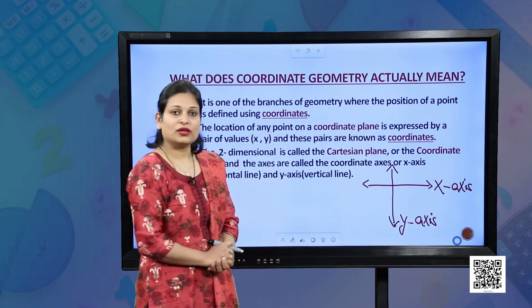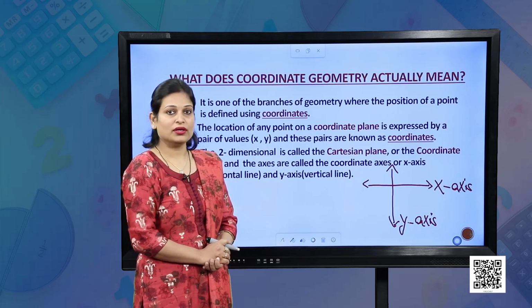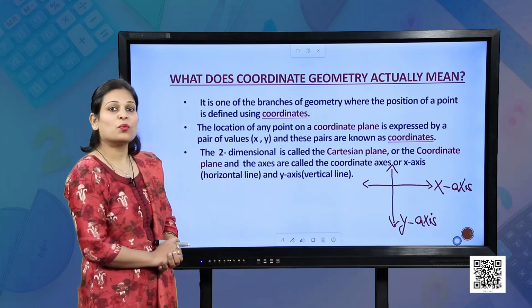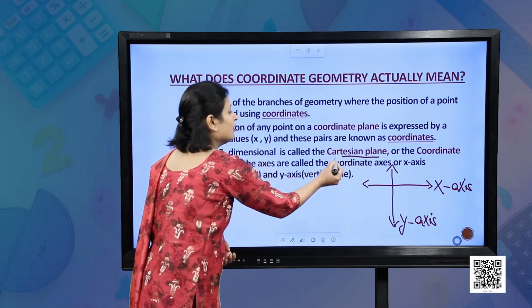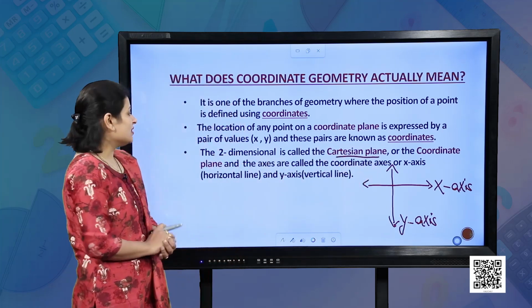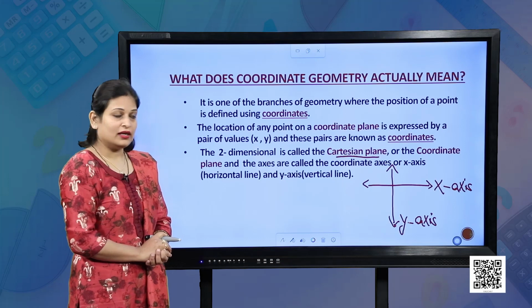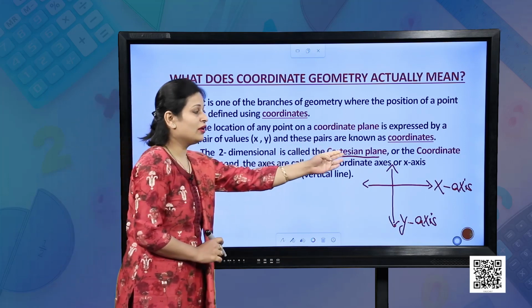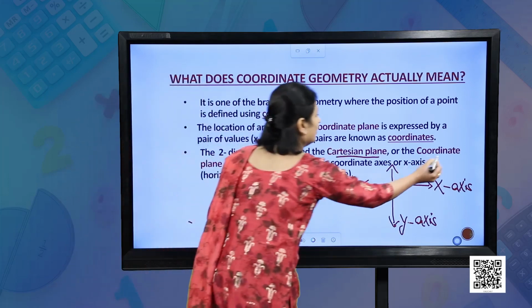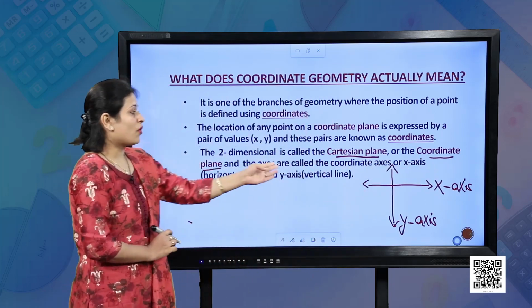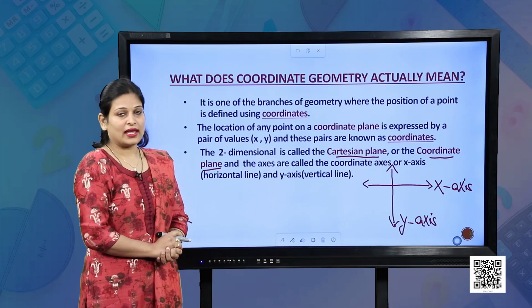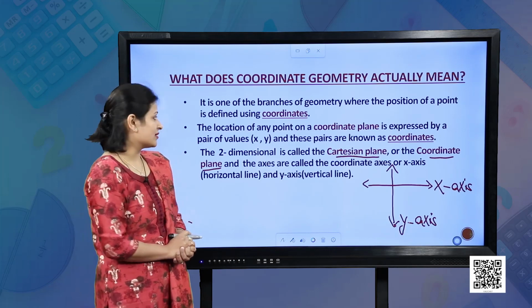These axes are used to recognize a point on a plane, one single plane which is known as the Cartesian plane. So, basically the two-dimensional plane is called the Cartesian plane or the coordinate plane, and the axes are called the coordinate axes, the x-axis and the y-axis.